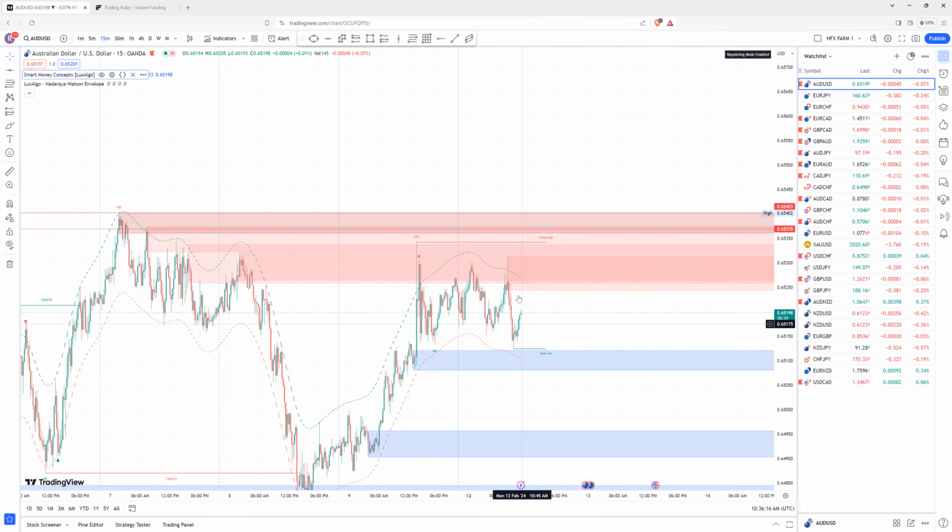And lastly, there is something I didn't say. If it gets to this entry, definitely it will be above Nadaraya. So with it being above Nadaraya, it's a little bit sure for us that we'll be getting a reversal.